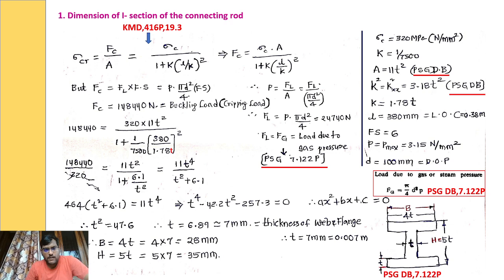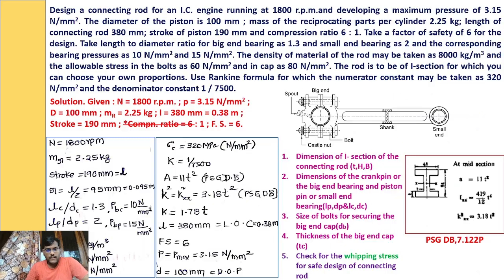The same formula is available in the Mahadevan data book, page 416, 19.3. Right. So in this formula, see sigma C and A. In the data book, they have already given it.